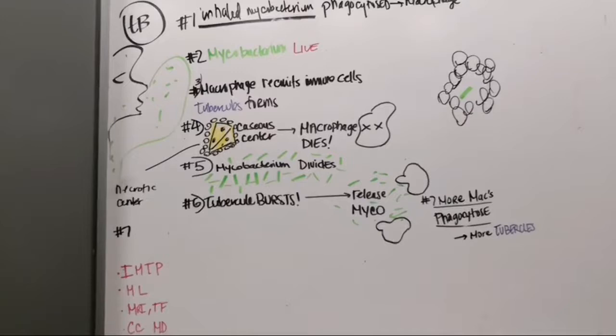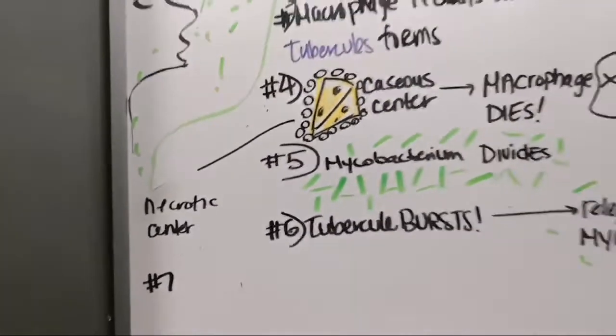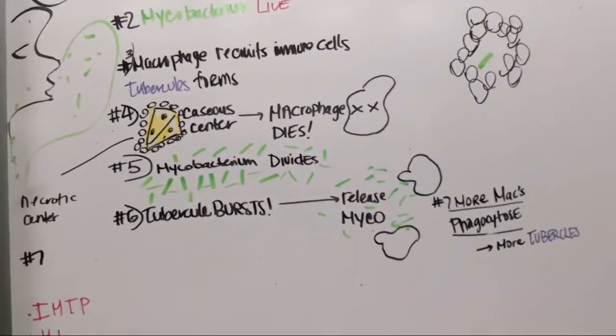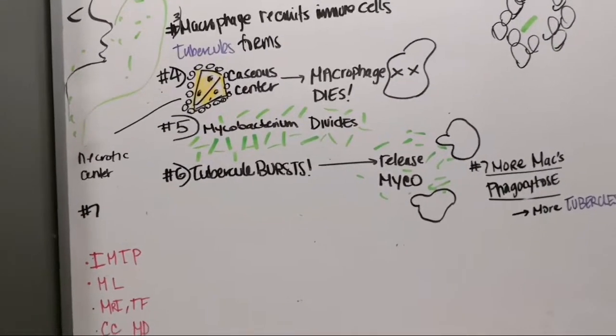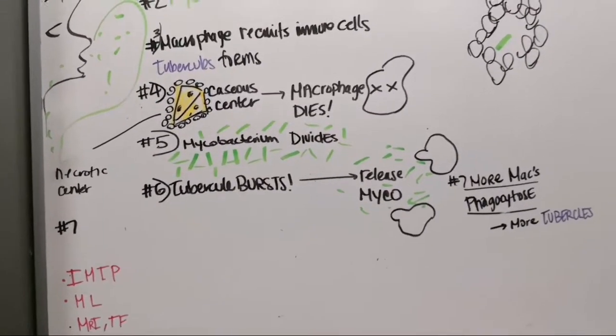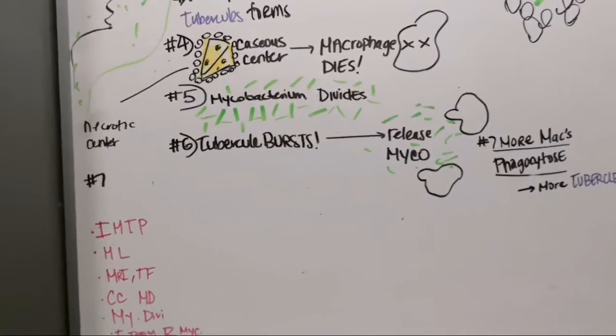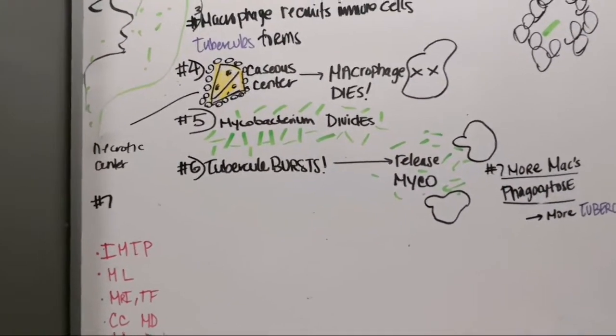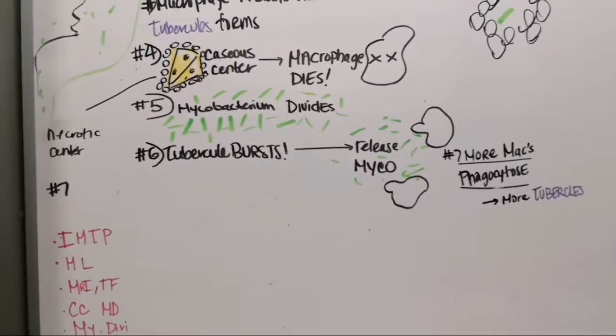And then number four, you have the caseous center. And a synonym for caseous center is necrotic center. And then the macrophage will die. And then inside of the macrophage, the mycobacterium will continue to divide. Number six, the tubercle will burst.